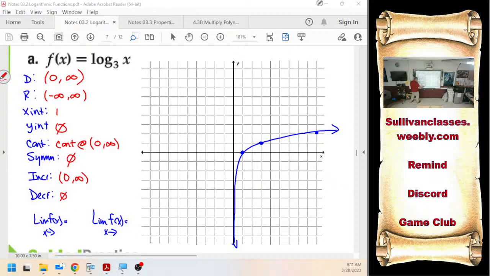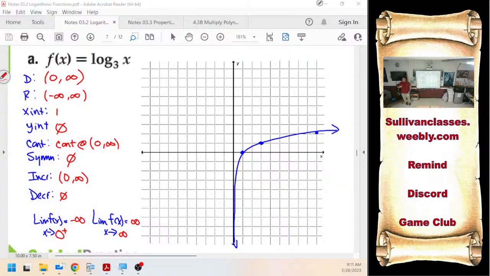The right end behavior is easy. As we go to infinity, y's are also going to infinity. Do you remember how to do the left end behavior of this? As we approach 0 from the positive side, where are my y's going? Down to negative infinity.